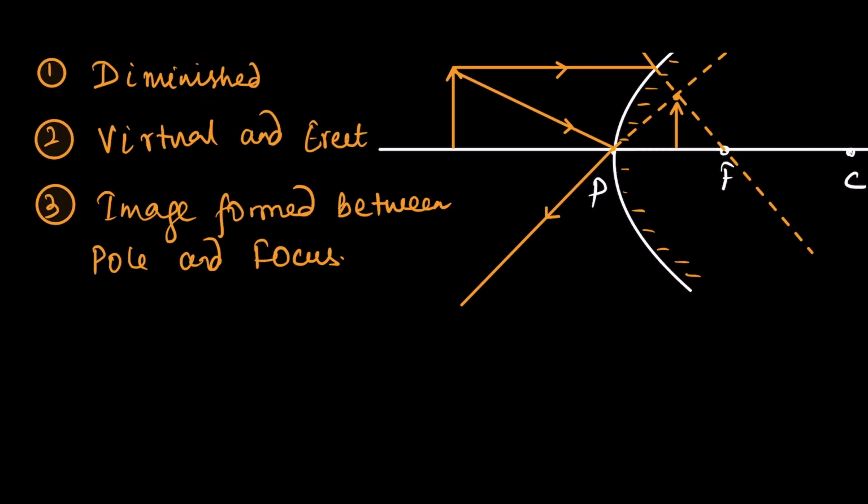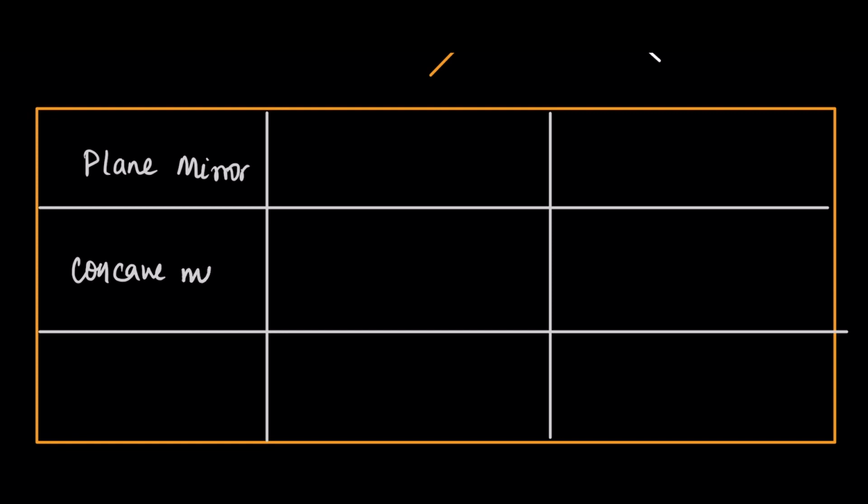So here one thing I try to explain. If I try to compare plane mirror, concave mirror and convex mirror. So plane mirror always forms a virtual image.